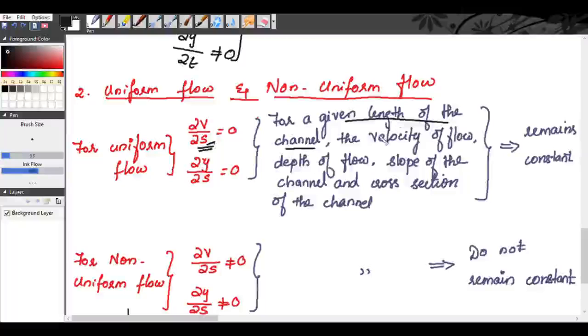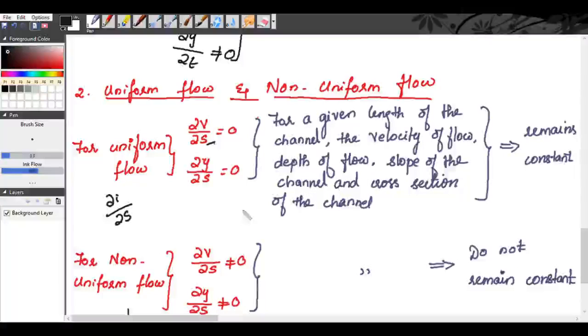So for a given length of the channel, the velocity of flow, depth of flow, slope of the channel and cross section of the channel, these characteristics remain constant. And for non-uniform flow, for a given length of the channel, the velocity of flow, the depth of flow, the slope of the channel, see, slope can be represented by I. So it can be ∂I/∂S equal to 0 for uniform flow, not equal to 0 for non-uniform flow.